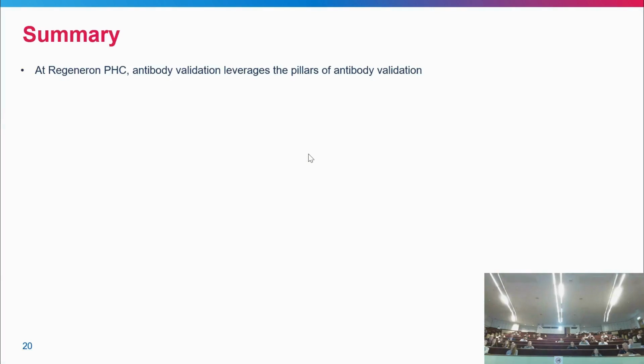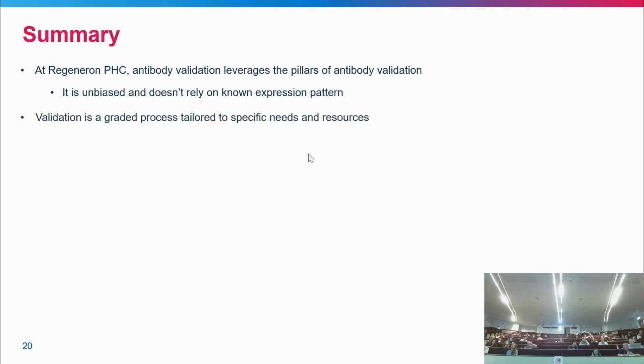So in summary, at Regeneron, we try to leverage the pillars of antibody validation, but we also use some other controls. We are very opportunistic in what we can use to validate the antibody. So it is unbiased and does not rely on a known pattern. You don't need to be an expert in pathology or antibodies to appreciate if the antibody validation level is sufficient for your goals.